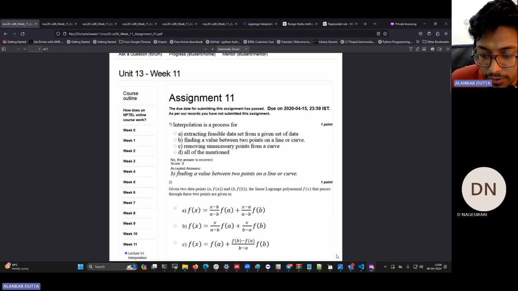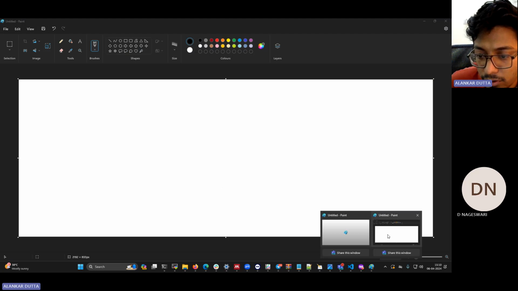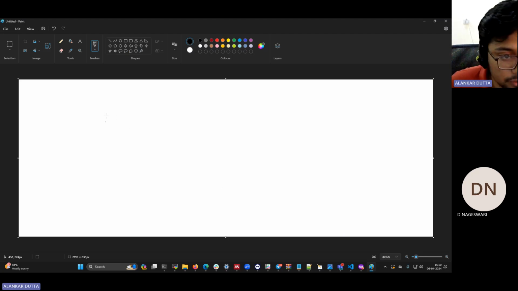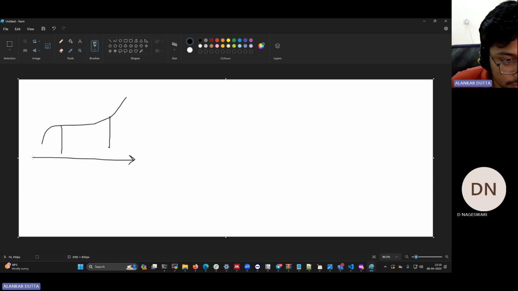For that, let me go to Paint, where I will demonstrate the workings. Okay, so I hope you can see the screen. Imagine that you have a function here and you have 2 points. This is your x-axis and this is the y-axis for that function.